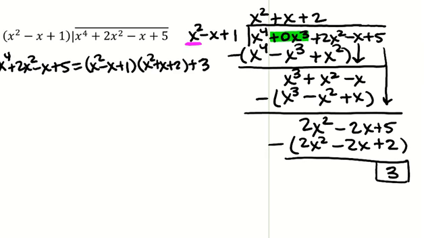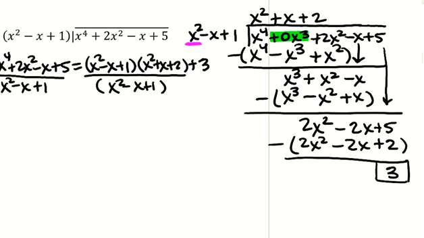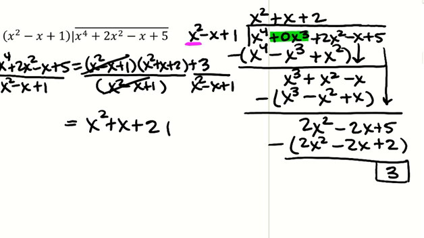And then I'm going to divide both sides by x squared minus x plus 1, because that's what we were talking about. And the same thing over here, because we've got to divide everything. Okay, and this is equal to x squared plus x plus 2 plus 3 over x squared minus x plus 1.